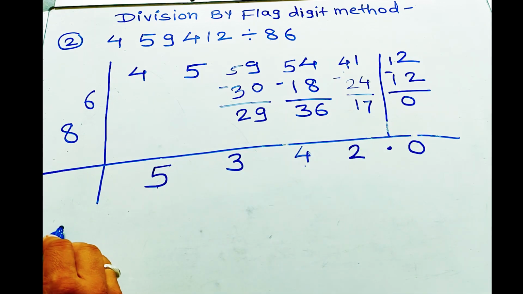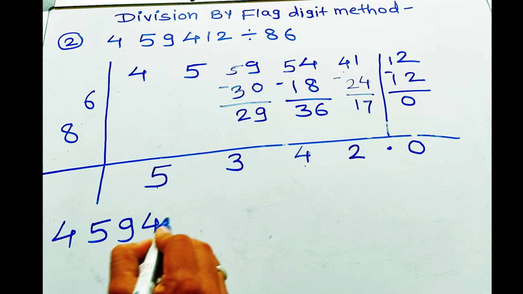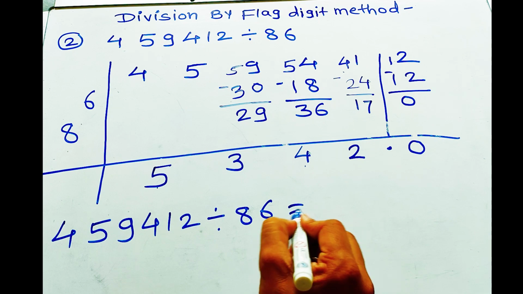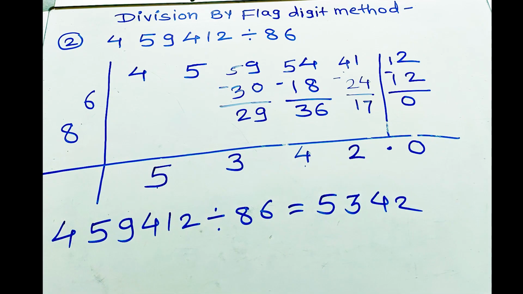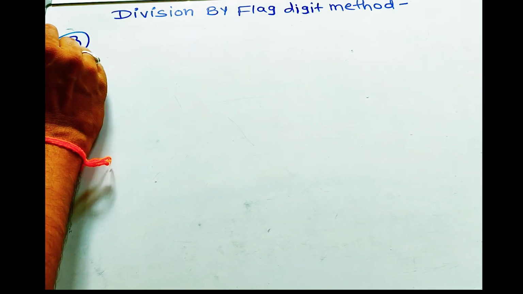So our answer is 4,59,412 divided by 86 equals 5,342.